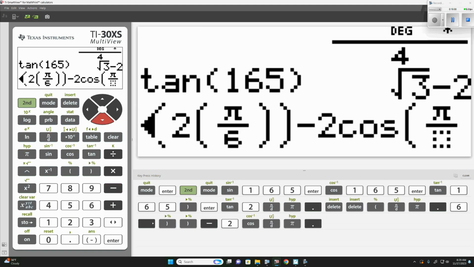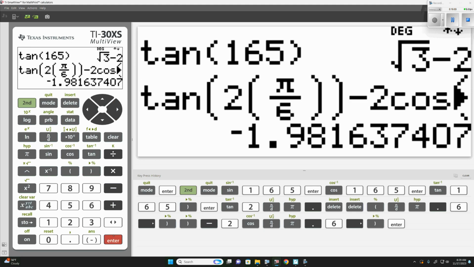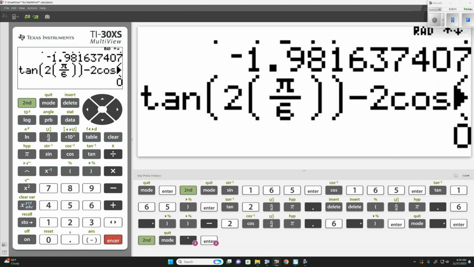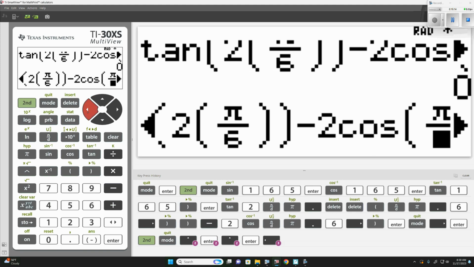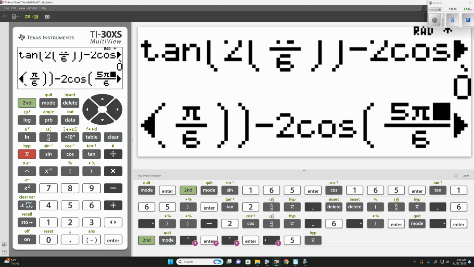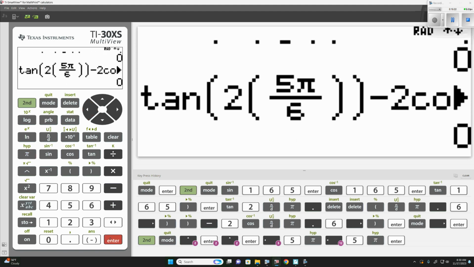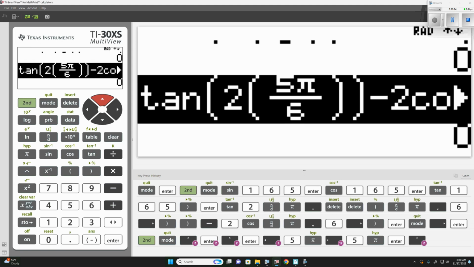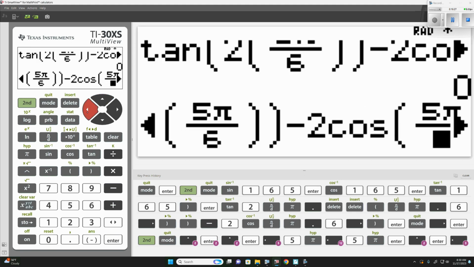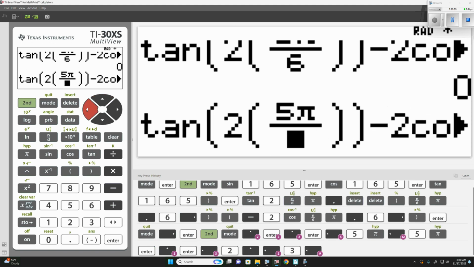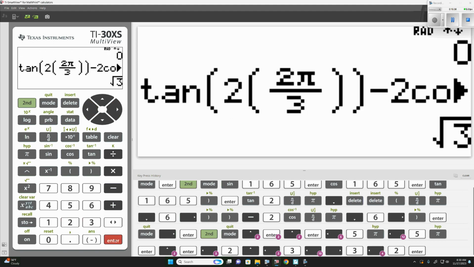And we could check each one of these here. It does help if it's in radians, not degrees. So it works with pi over 6. We can do 5 pi over 6. We get 0. 3 pi over 2.